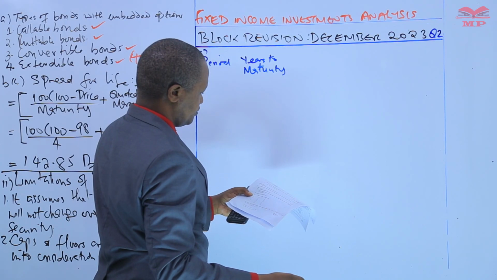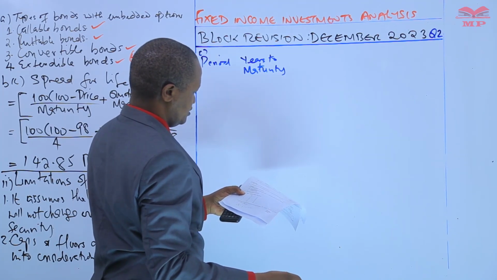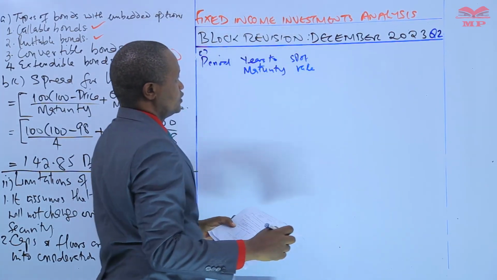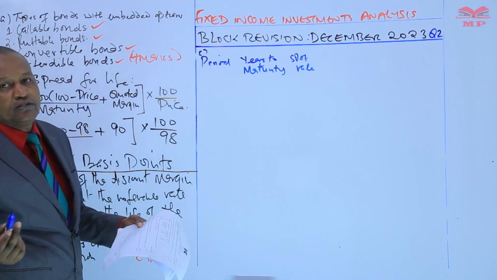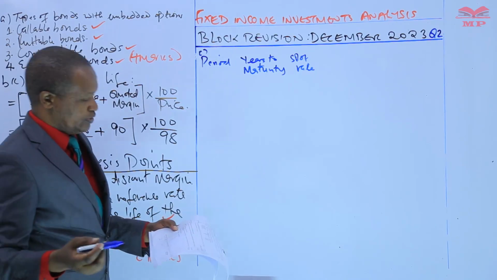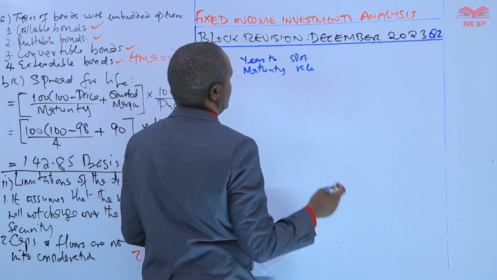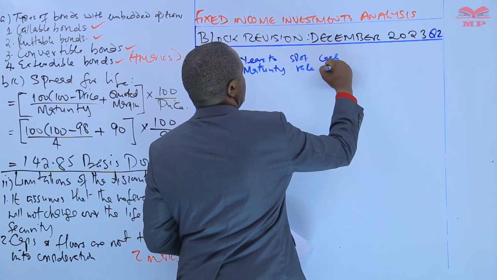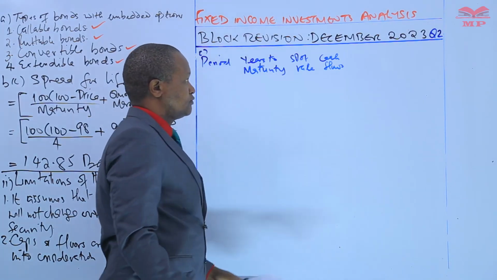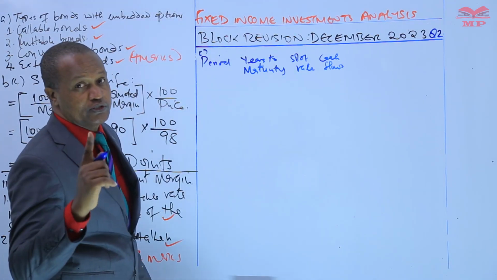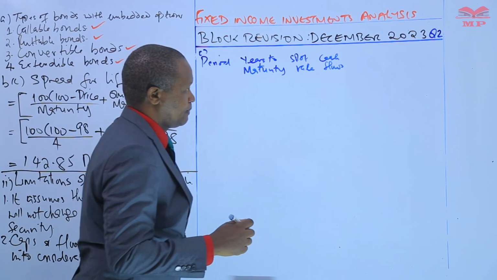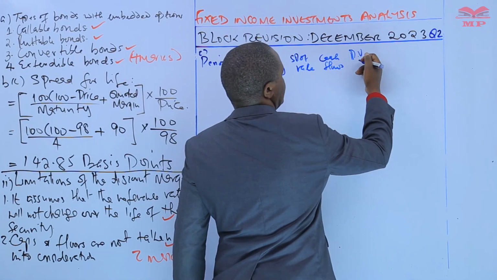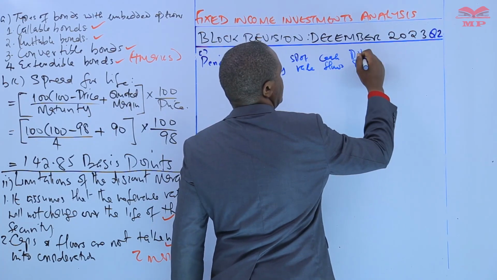From the table, you also have the spot rate. So this is the information we have, candidates. We may need to have also a column for the cash flows and the present values at first 80 basis points.